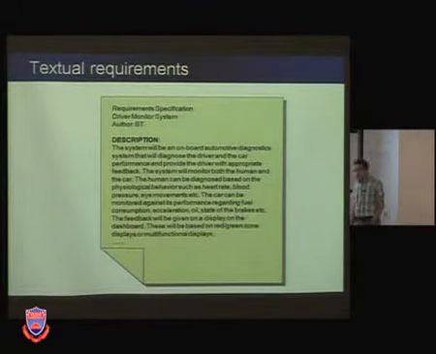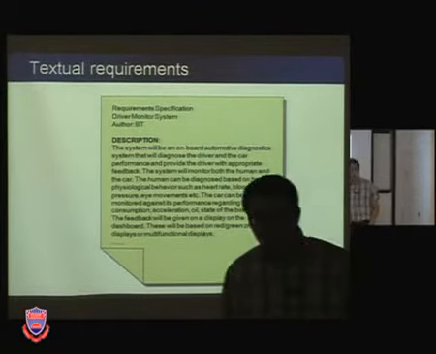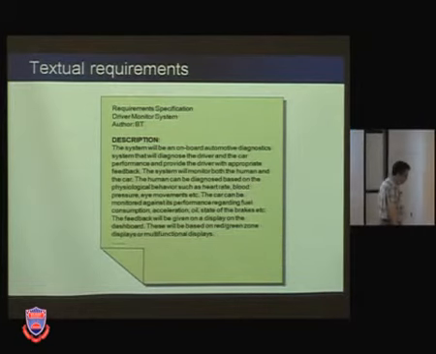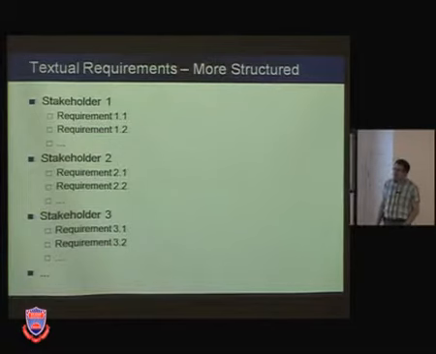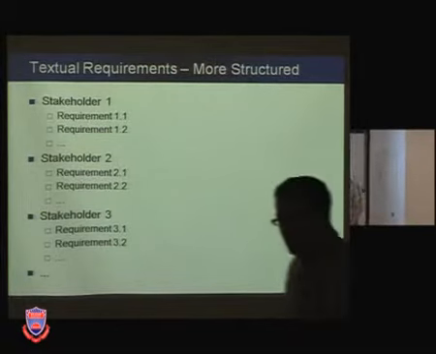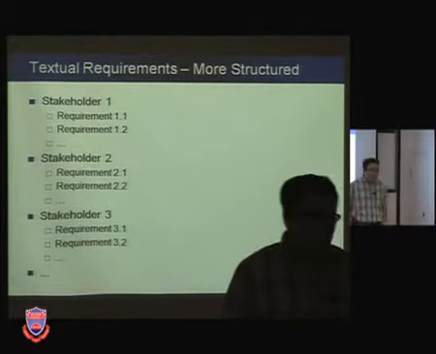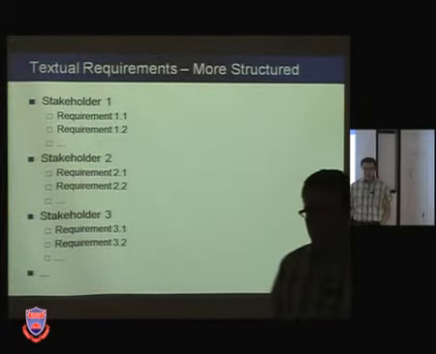Textual requirements are just a document in natural language, like this, or also more formal, more structured. And as I said, you could also look at the IEEE standard on document and requirement specification.